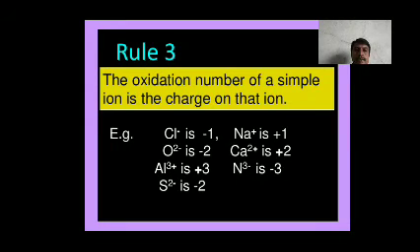N3 minus: oxidation number minus 3. S2 minus: oxidation number minus 2. Na plus: oxidation number plus 1. Mg2 plus: plus 2. Ca2 plus: plus 2. Al3 plus: plus 3.